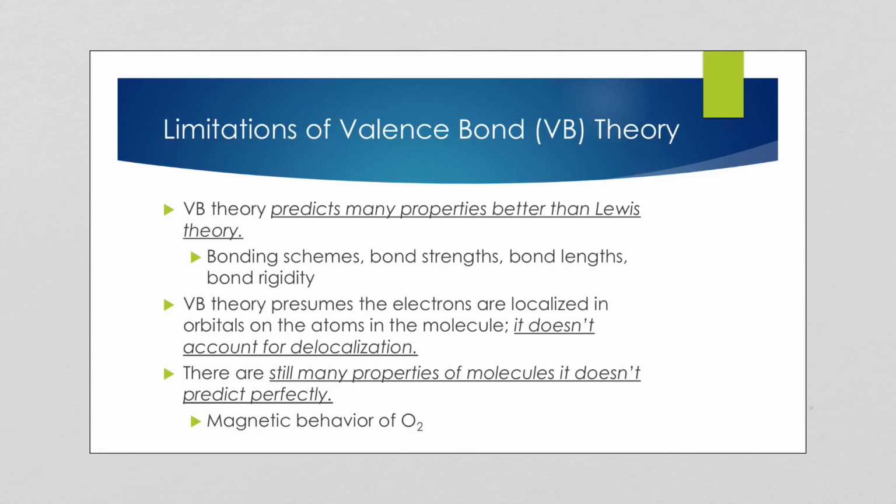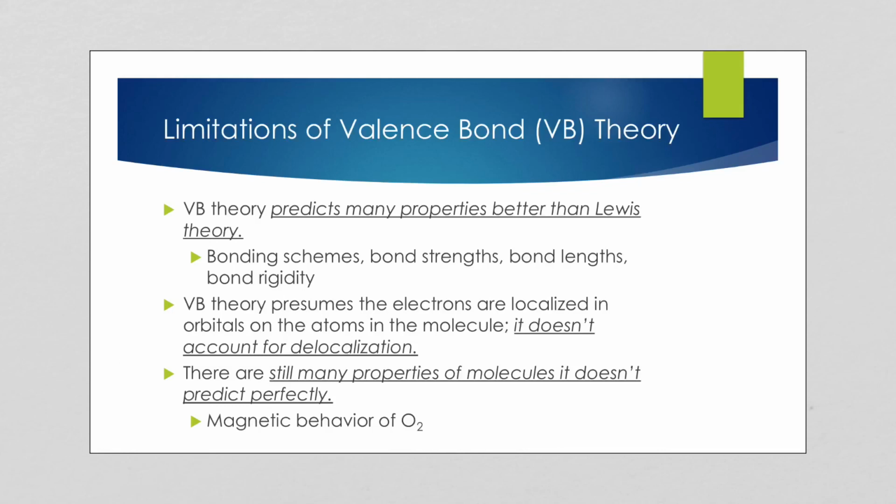So numerically, right, valence bond theory allows us to get much better numbers for things like bond strengths, bond lengths, bond angles, right? It allows us to justify or explain the bonding schemes, right? It's not changing the bonding schemes, but it's allowing the theory to explain the observed bonding schemes. We can't do that without invoking something like valence bond theory.